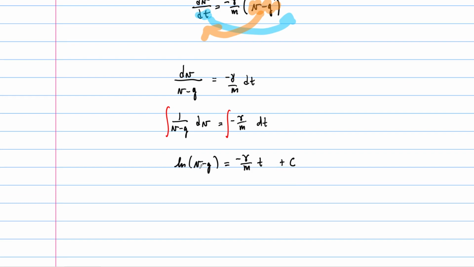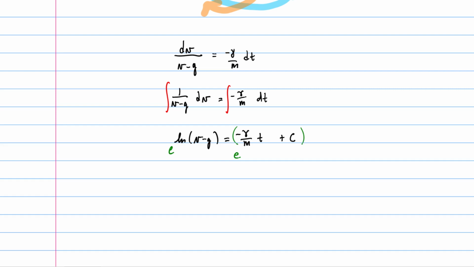Our job is to solve for v, though, so at this point we want to exponentiate both sides to get rid of the natural log, and then what we end up with is v minus g equals e to the, so this constant here, right, there's a plus sign here, so this can be written as e to the c, but e to the c is just some other constant. It's another unknown constant, right? So over here I should have like absolute value on this.